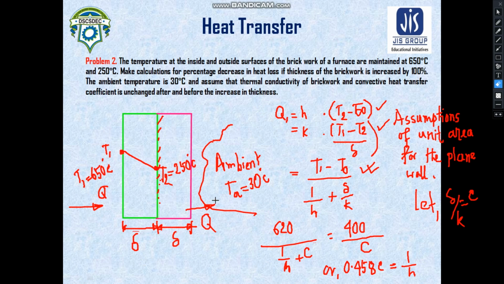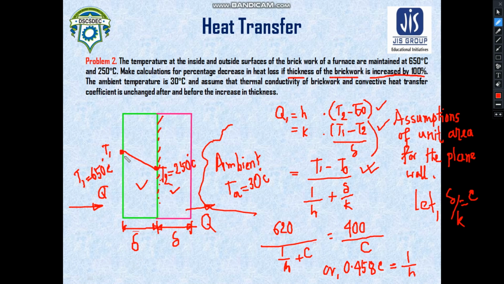Now if we move on to the second case, when the insulation is now twice, that means the thickness of the brickwork is increased by 100 percent. So this thickness is added up with this, that means the final thickness becomes 2 delta.